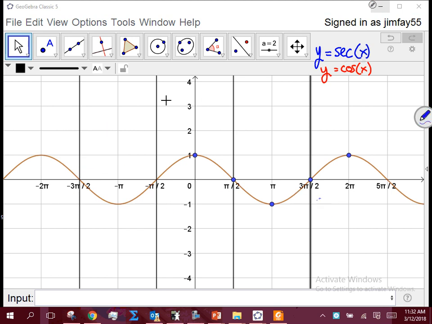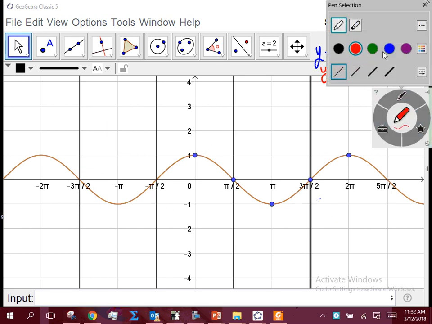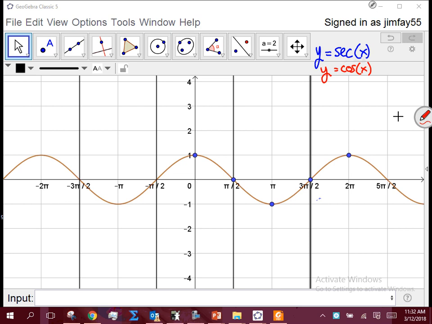Because we're only going to then focus on the maximums or minimums that occur in between two asymptotes. So look at between these two asymptotes, there's a minimum point, right? Now that ordered pair is -pi comma -1, right?